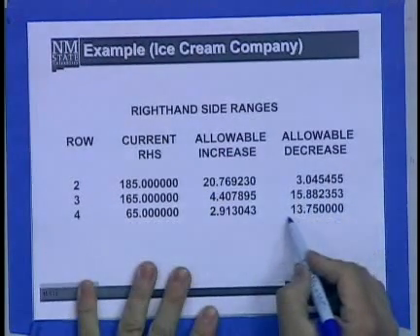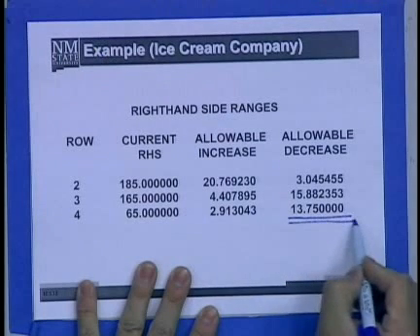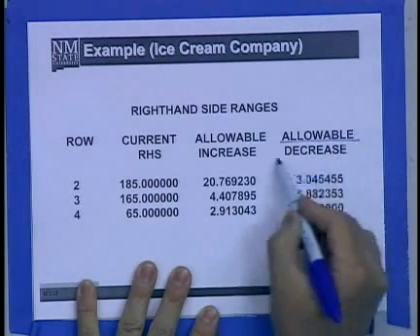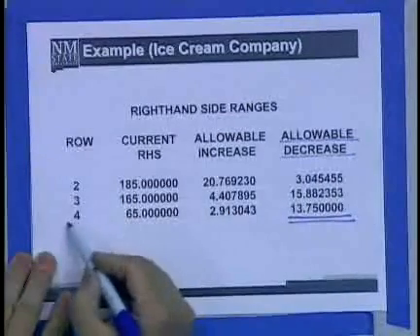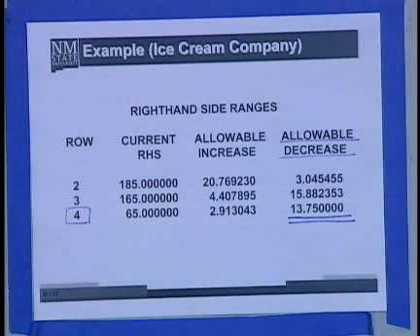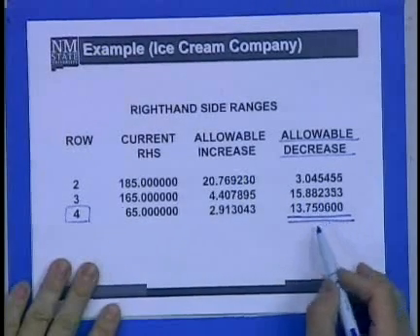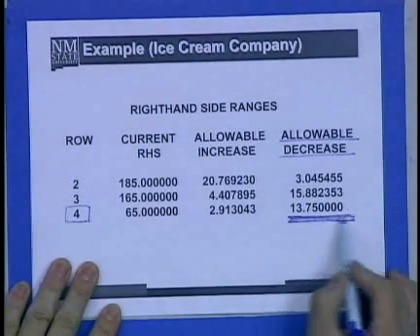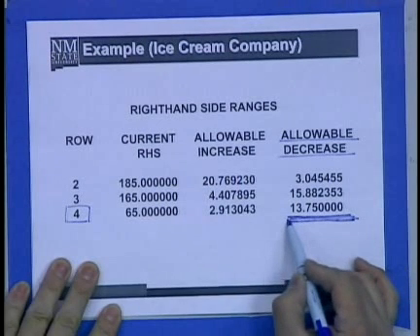So you need to look at this value, the allowable decrease limit for the last constraint, right? And decreasing 2 gallons of cream is still within the allowable decrease limit of 13.75 gallons.